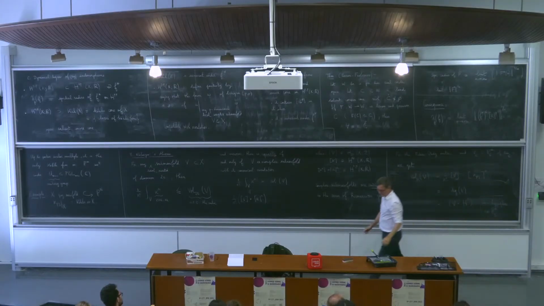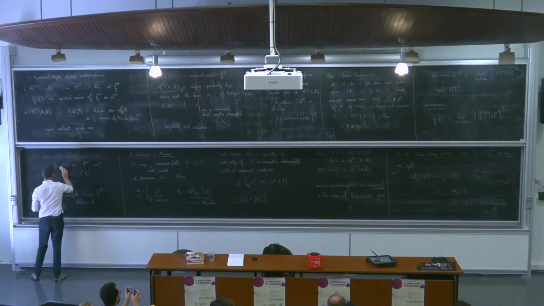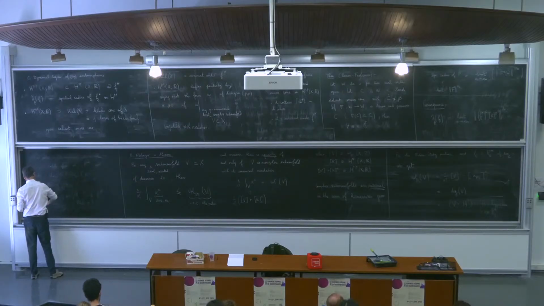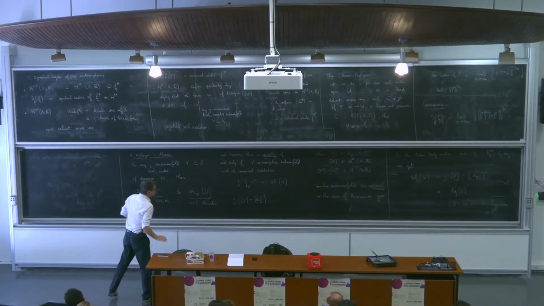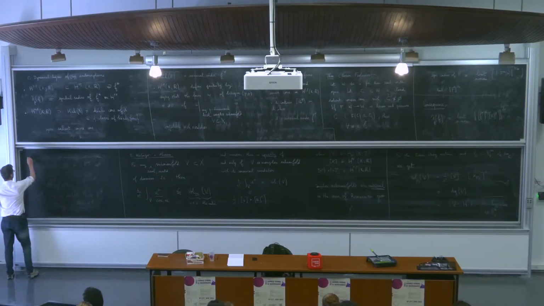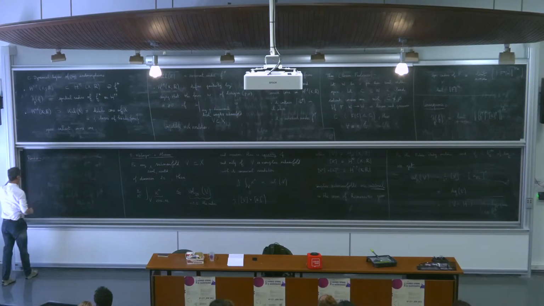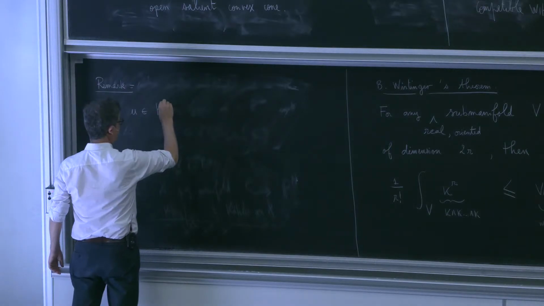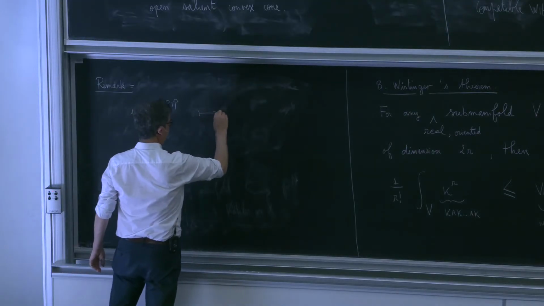And then there is a second remark. What I can do is the following. I take U, a class in H^{p,p}, and I map it to the following thing.